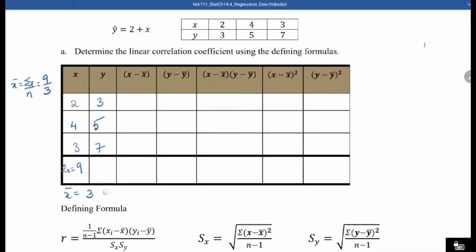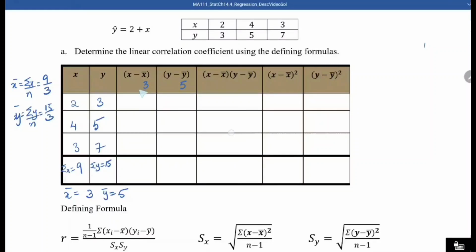For y, 7 plus 3 is 10, plus 5 is 15, so sigma y is 15. y bar is sigma y divided by n, which is 15 divided by 3, and therefore 5. So x bar has a value of 3 and y bar has a value of 5.